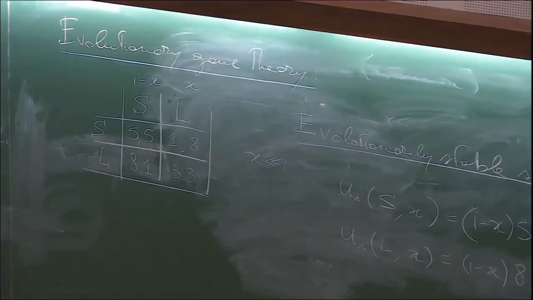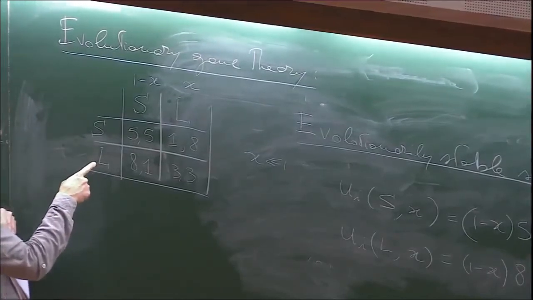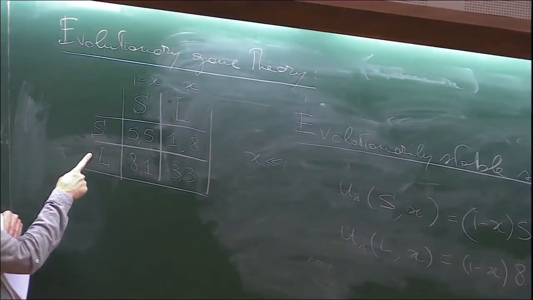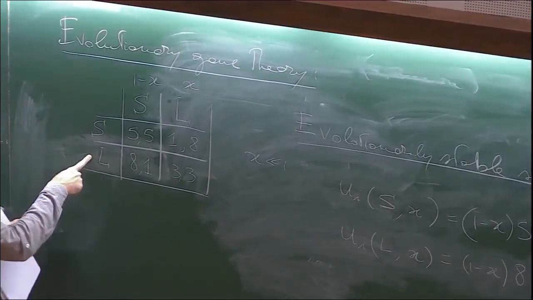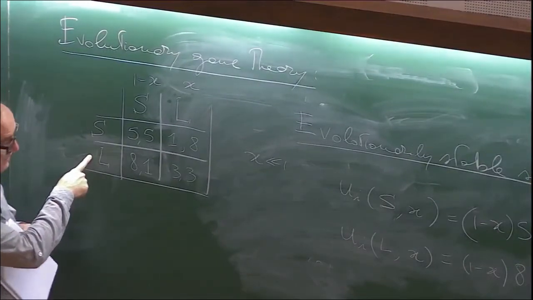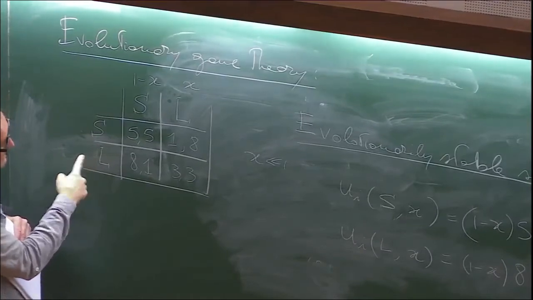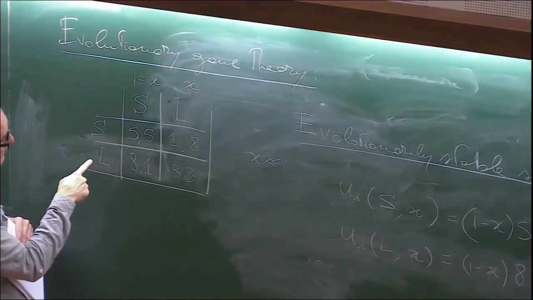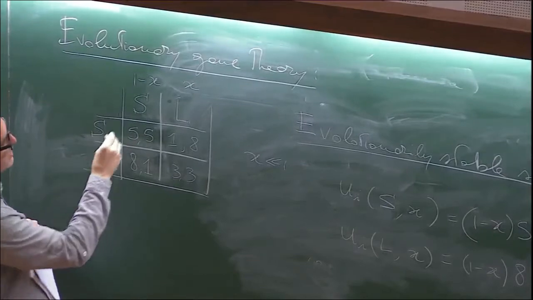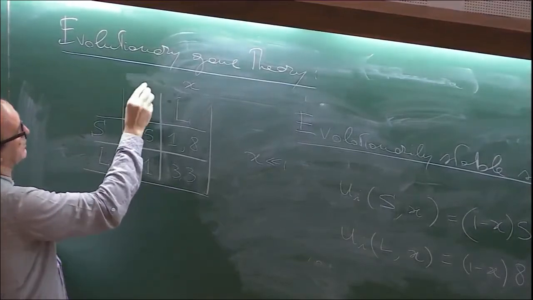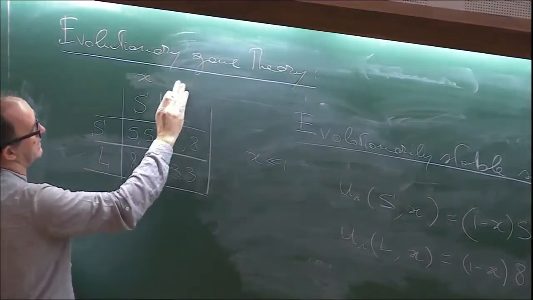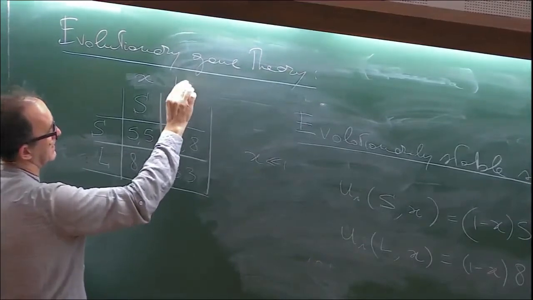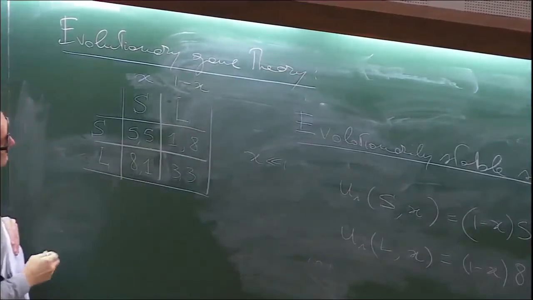If you instead do the calculation the other way around and ask yourself whether L is an evolutionarily stable strategy, you can do this as an exercise, but now you should have a fraction x of small beetles and a fraction 1 minus x of large beetles.